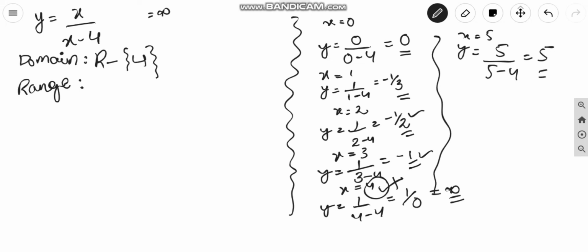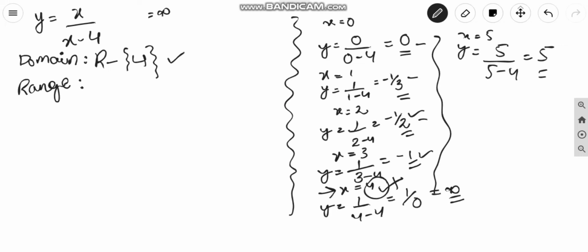So keeping this in view, let's find the range of the function. Let's neglect 4, we cannot put 4, so otherwise we are getting again and again the real numbers 0, minus 1 by 3, minus 1 by 2, minus 1, 1. These are all real numbers, positive as well as negative.